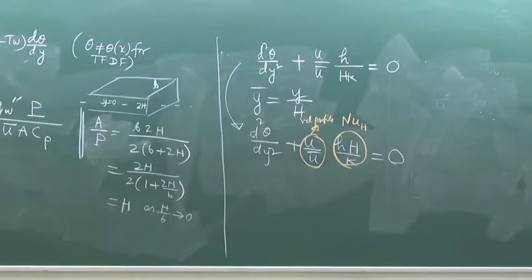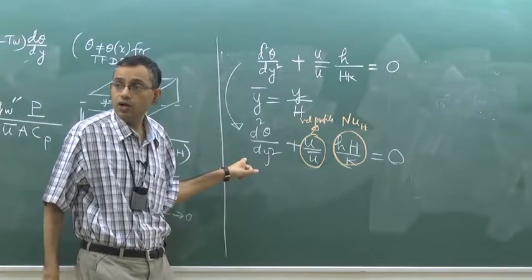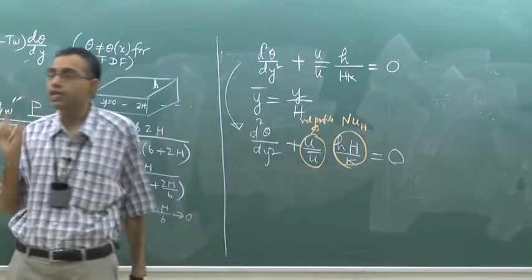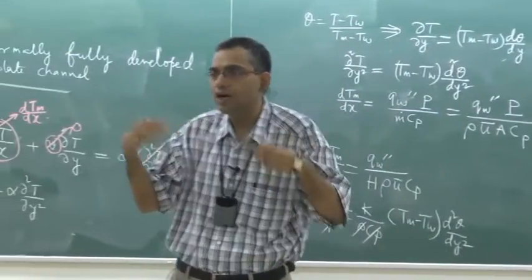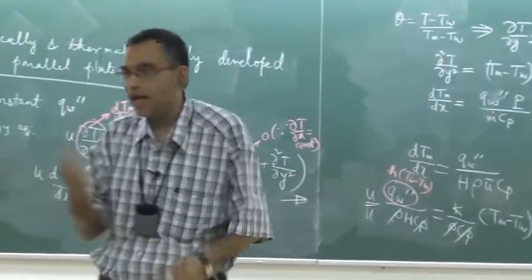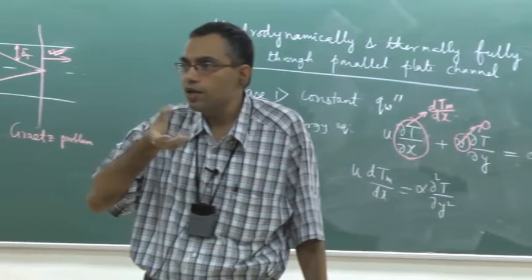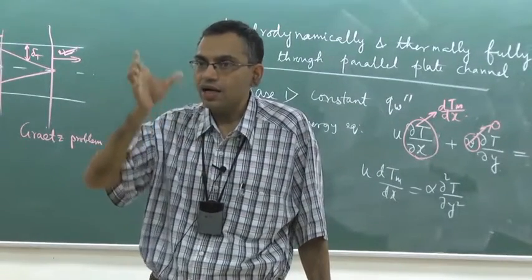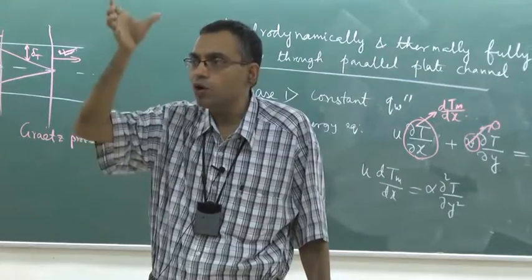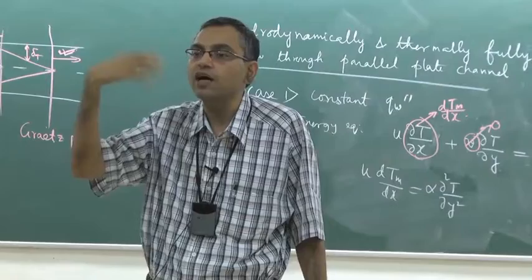So the answer to how theta will vary with y will depend on the velocity profile. Now there are many types of velocity profiles which are possible. For example, there may be a case when molten metal is flowing very slowly. In that case the entire velocity profile may be almost uniform, and that is called plug flow or slug flow.